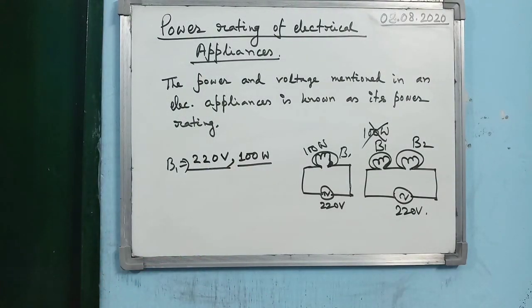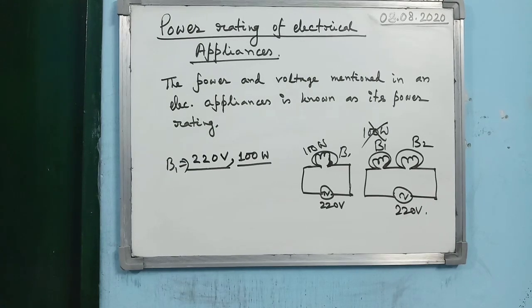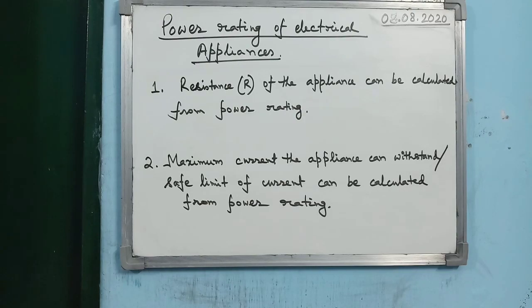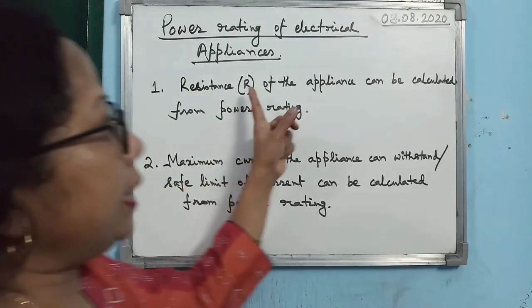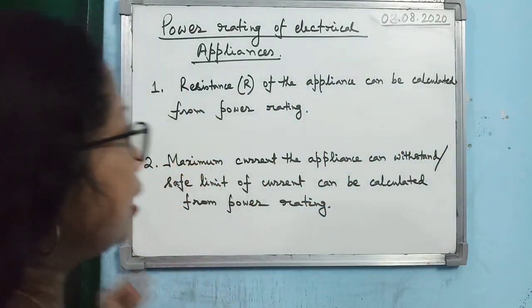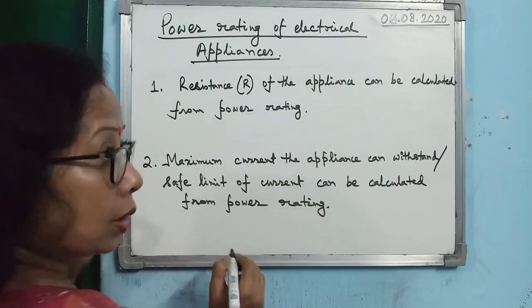Now the question is why power rating is given for all the electrical appliances. Because from power rating you can calculate the resistance of the appliance.